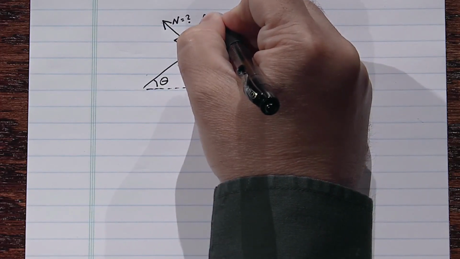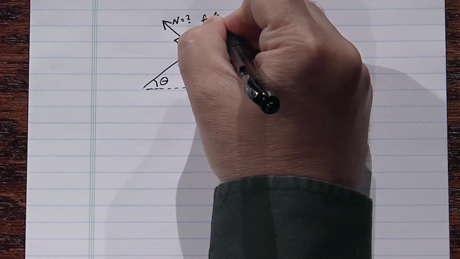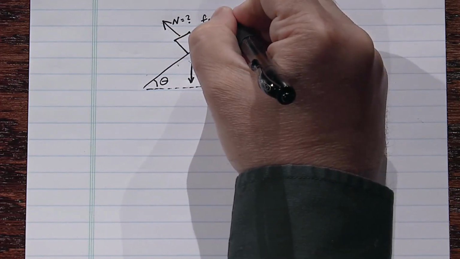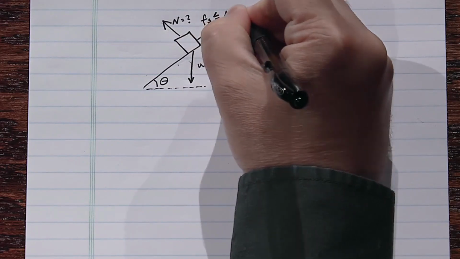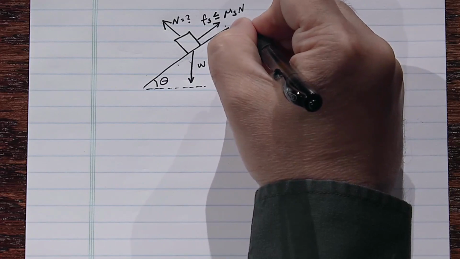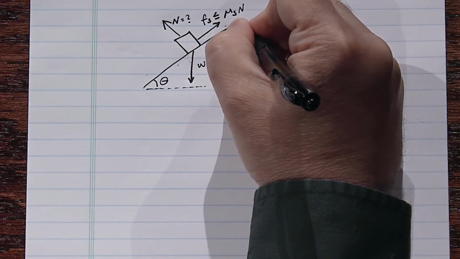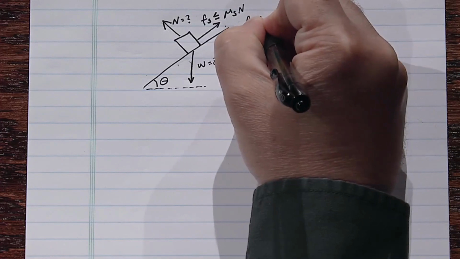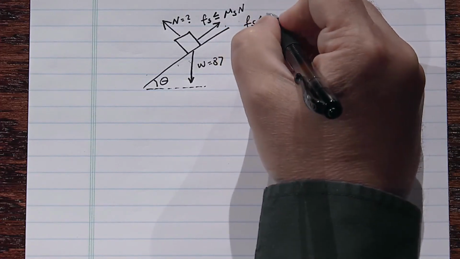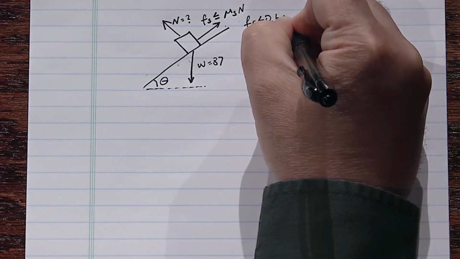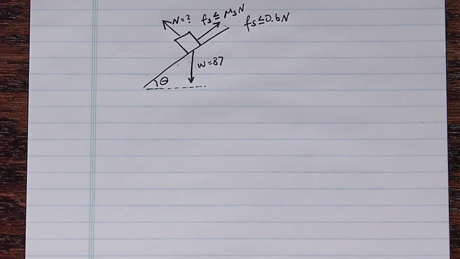And we know that static friction is less than or equal to the coefficient of static friction times the normal force, which means the static friction force is less than or equal to 0.6 times the normal force.